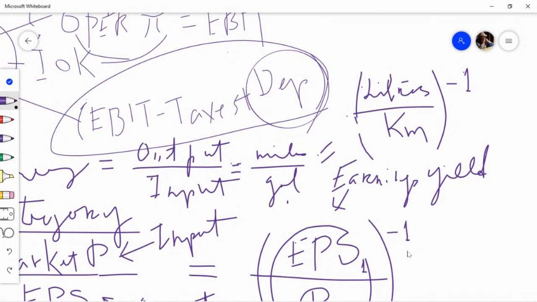So from most other countries' perspective, it's more important to know how many liters are being used for running 1 kilometer, right? Does that make sense? In other words, how much input is used for a given unit of output. That's more important. So that's why they use inverse gas mileage, right?